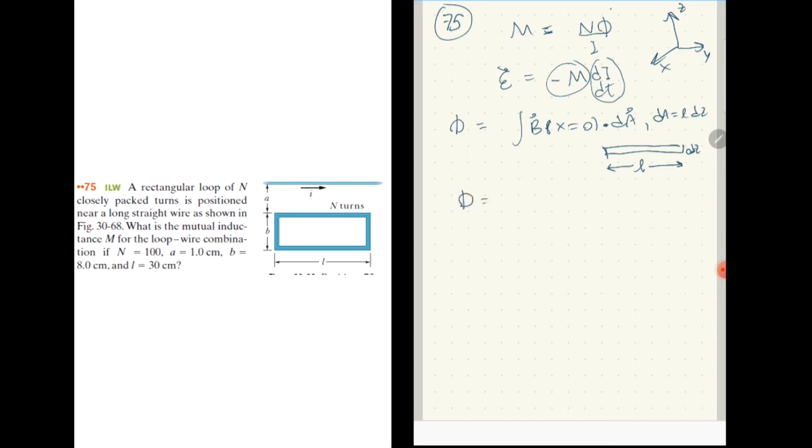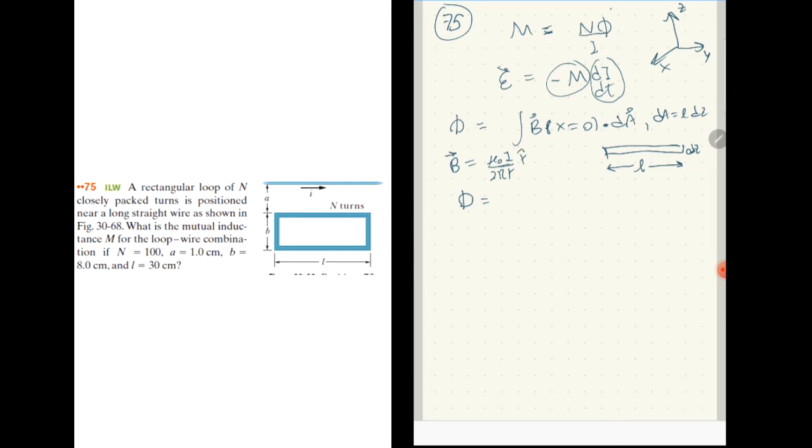We know B because we know Ampere's law: the magnetic field generated by the current is the magnetic permeability times the current divided by 2 pi times the radial distance from the wire, or the path of the current, times the radial vector.